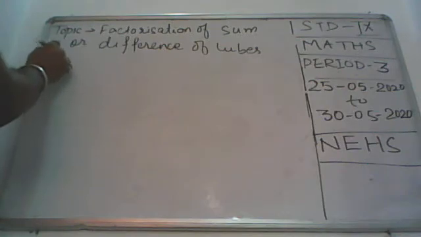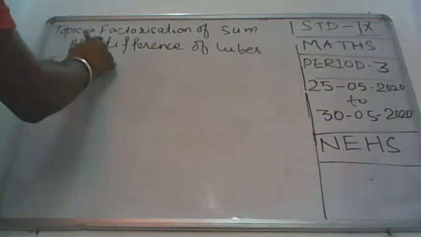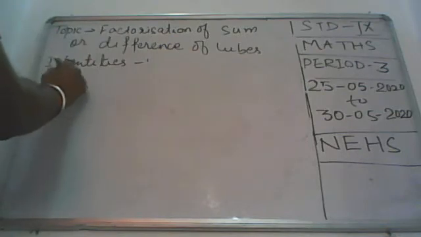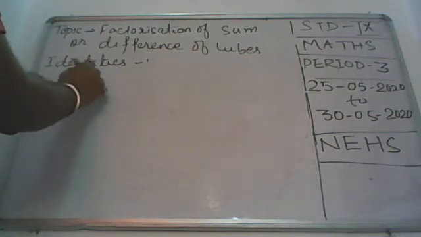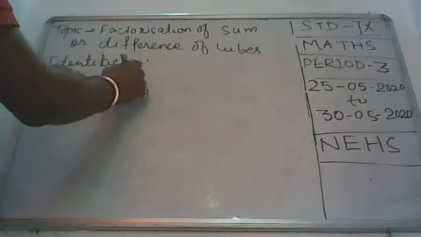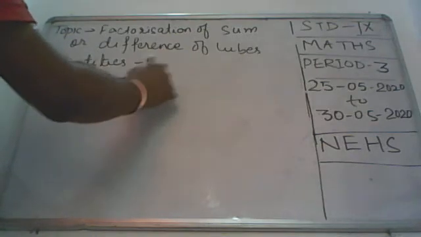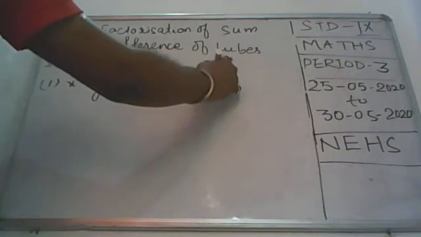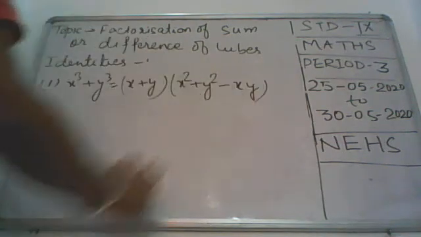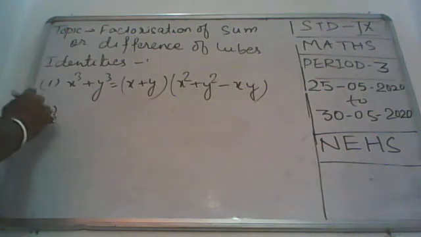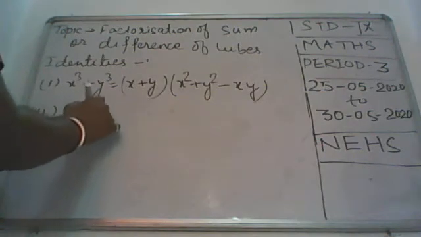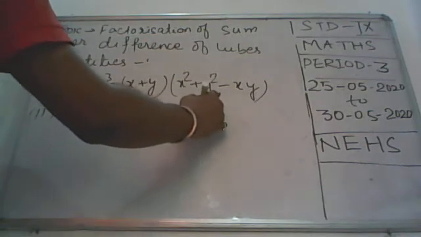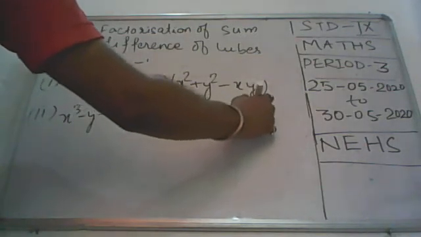So the identities that we are going to use here: number one, x cube plus y cube is x plus y into x square plus y square minus xy, or you have to use x cube minus y cube, that is x minus y, and inside will be x square plus y square plus xy.